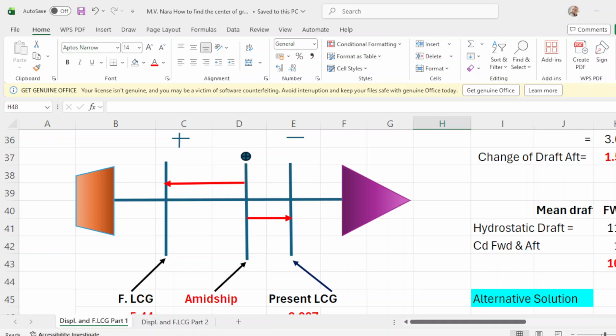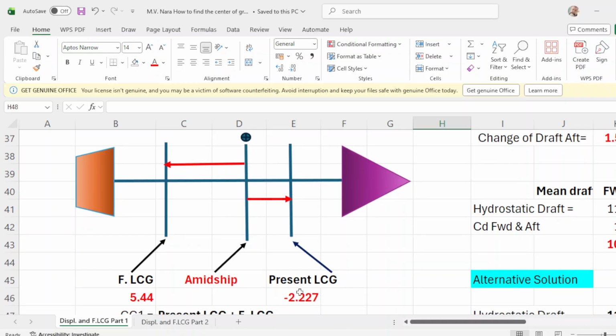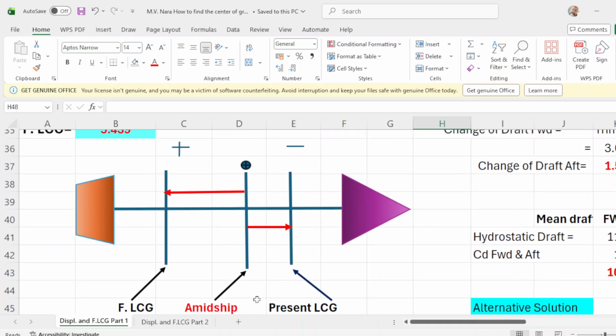Now the present LCG is negative 2.227, meaning it is measured from amidship, going forward, 2.227. This will be the vertical line of your LCG.